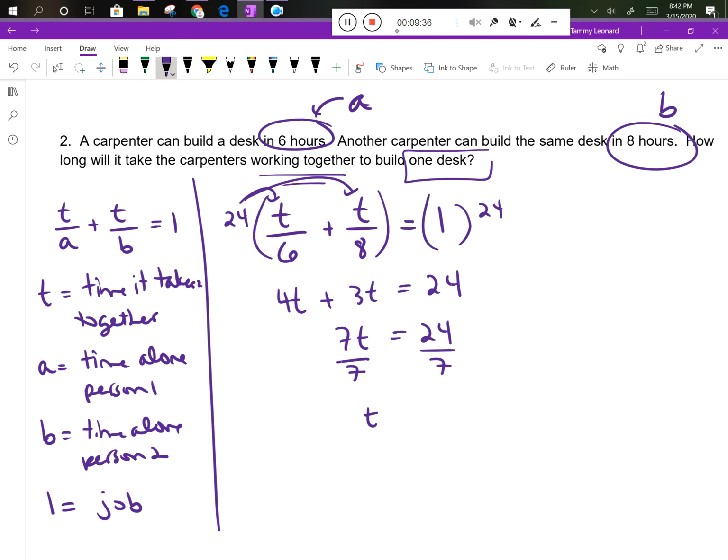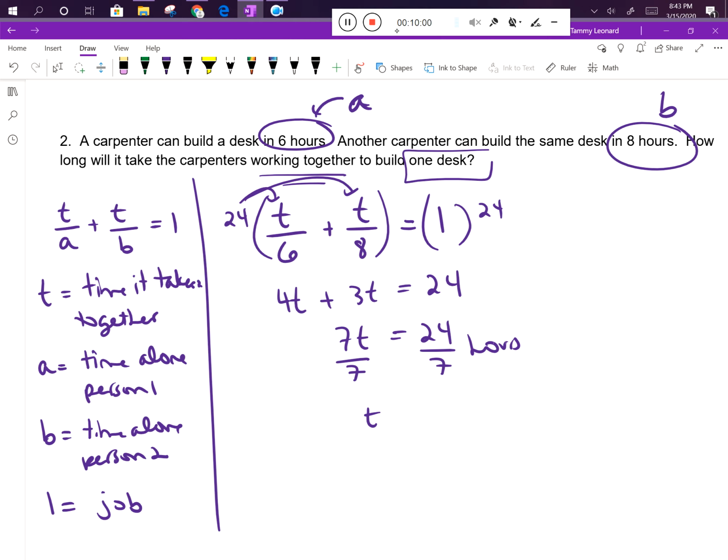Now, it's kind of a weird time, but it stands to reason that it would come out to be some random time if this problem is actually realistic. So in looking at that, 24/7 hours is kind of an awkward amount of time. If I'm working as a carpenter, I probably don't explain how long it took me to do something by telling somebody it took me 24/7 hours.